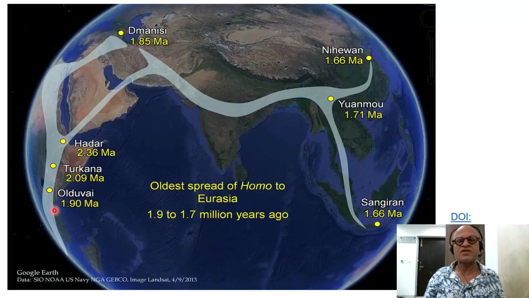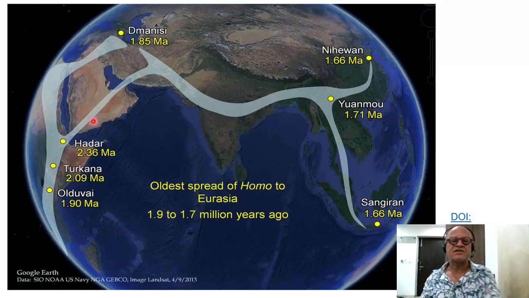So here we have the oldest lineages, of course, from Hadar, Turkana, Olduvai, so the Paleolithic time periods, 2.36 million, so before the Pleistocene glaciations of 100,000 years started.